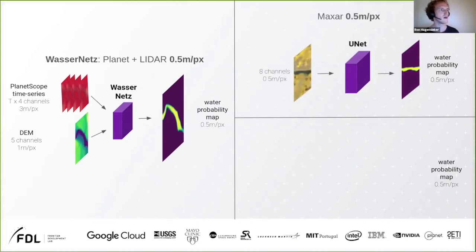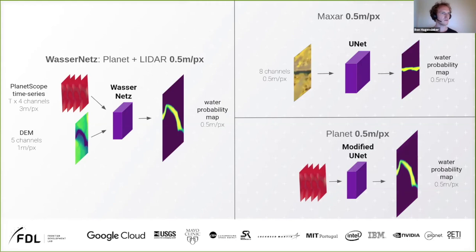Then we had another standard UNet where we took the very high resolution data of the Maxar and created also water probability maps. And at the bottom we did the modified UNet, which has the multi-temporal steps, and we don't just throw in one image.